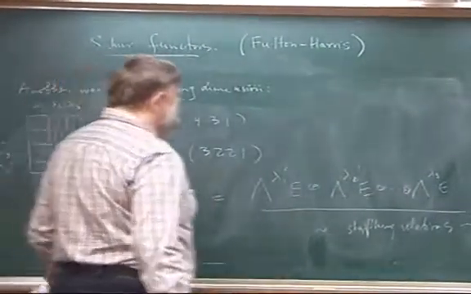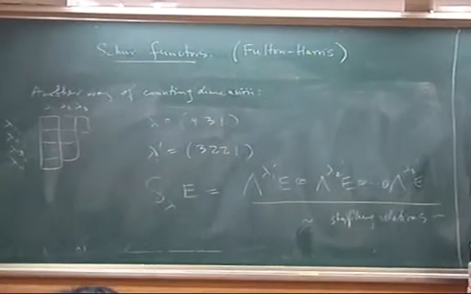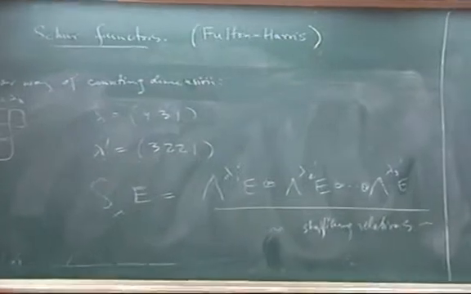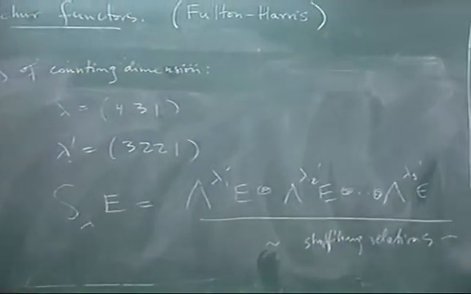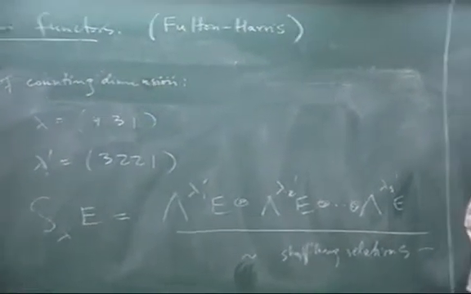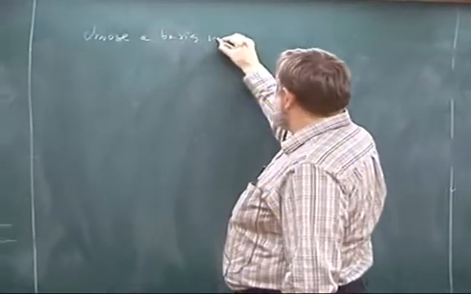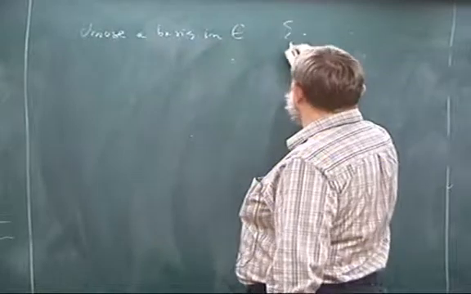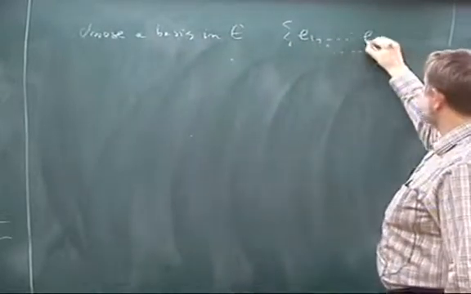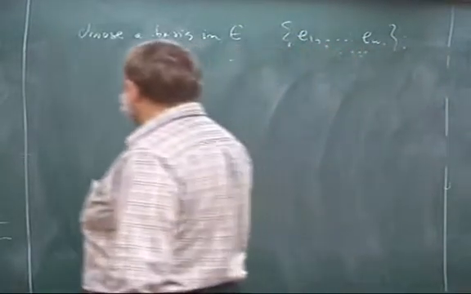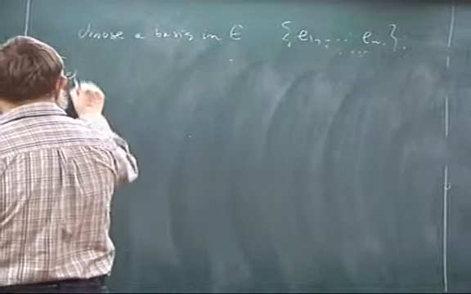But the point is that this gives you the following thing. Now choose a basis in E, and let's denote it e_1, ..., e_n. Then let's define the following thing.